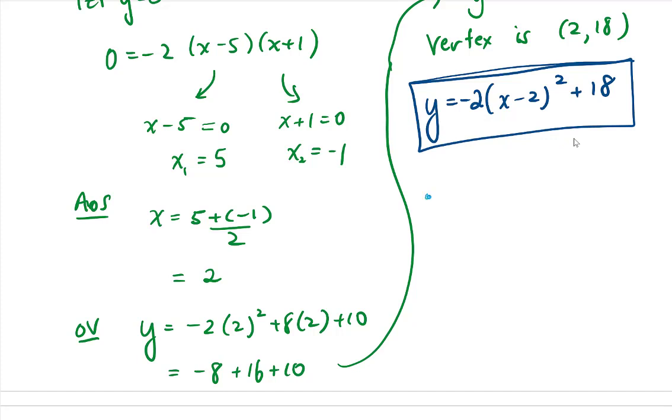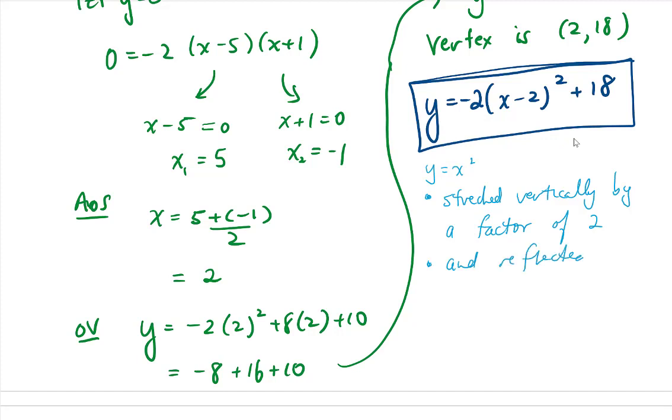Starting with the a value, we can say that y equals x squared is stretched vertically by a factor of 2 and reflected across the x-axis. So it's a downward opening parabola.